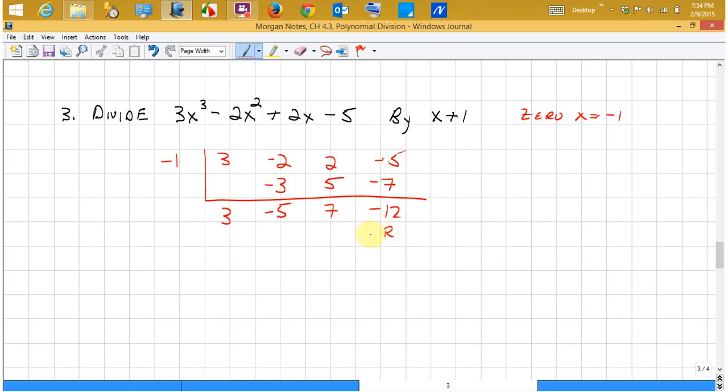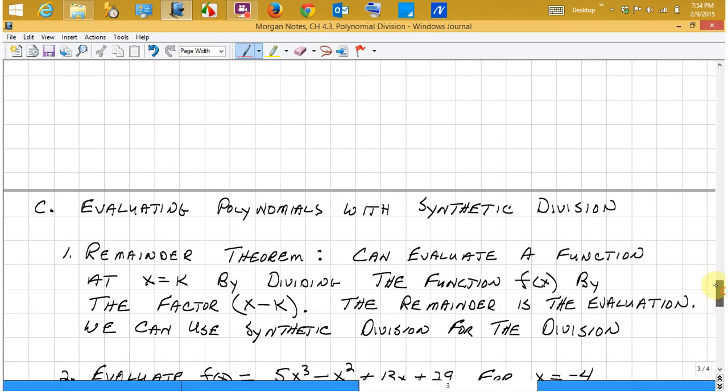This is the remainder, constant, x squared. So my answer will be 3x squared minus 5x plus 7 plus a negative 12 all over x plus 1. That's how we do synthetic division.